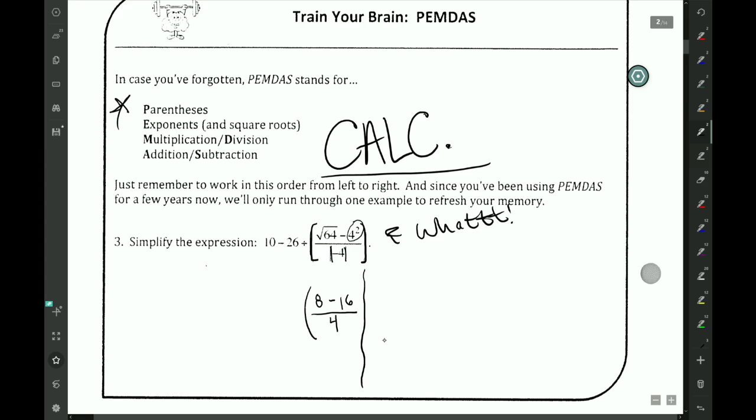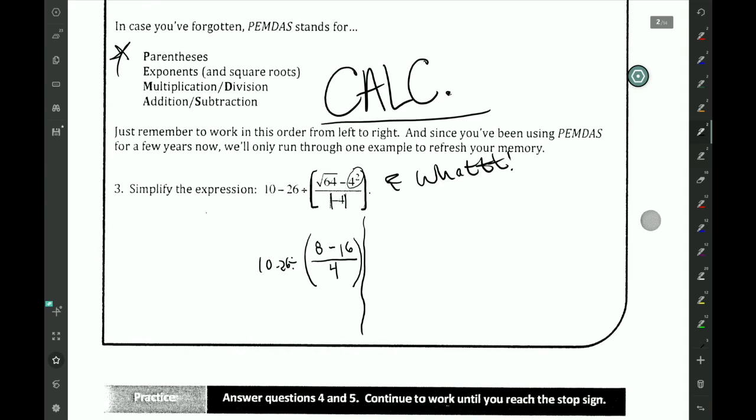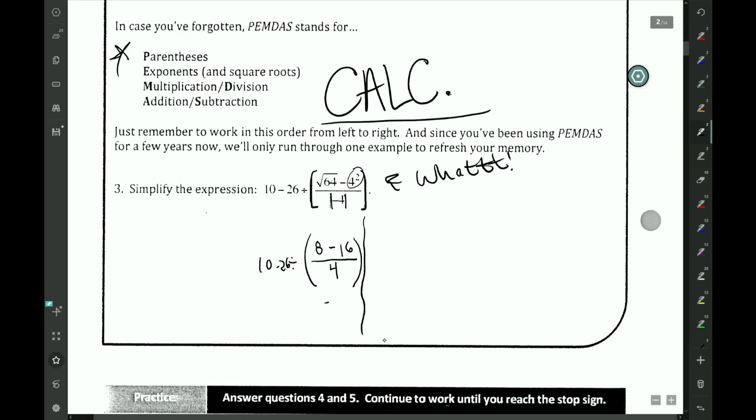That is still in parentheses. Divide by 10 minus 26. Students want to probably do this step, but we are not just yet. We have to do the order of operations. So 8 minus 16 over 4 is -2.